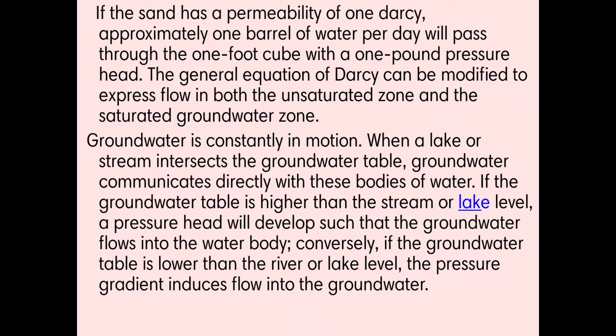If the groundwater table is higher than the stream or lake level, a pressure head will develop such that the groundwater flows into the water body. Conversely, if the groundwater table is lower than the river or lake level, then the pressure gradient induces flow into the groundwater.